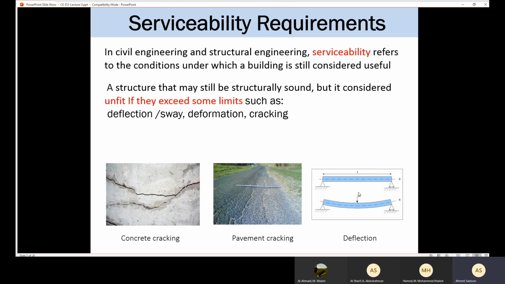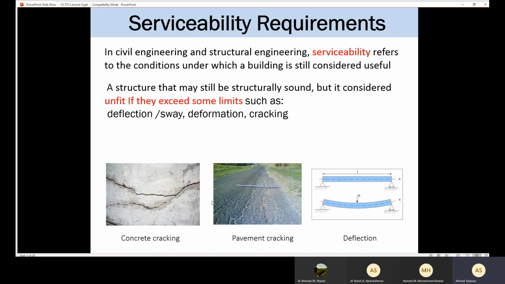So the structure can take the load, but here we have deflection, and if that deflection exceeds a certain limit, then we consider the structure to be unfit. That's what is meant by serviceability requirement.